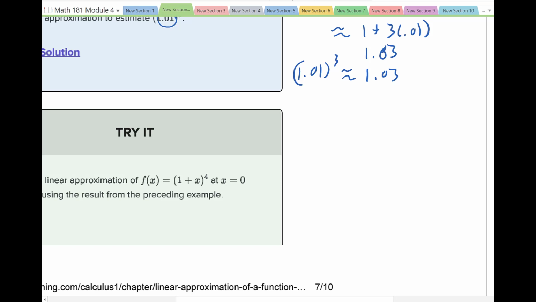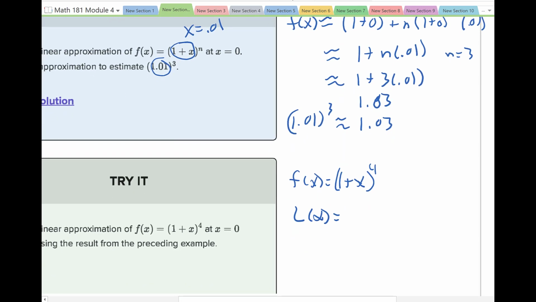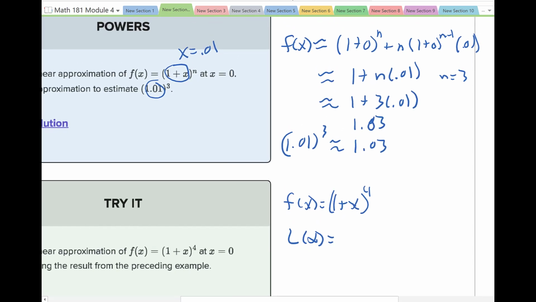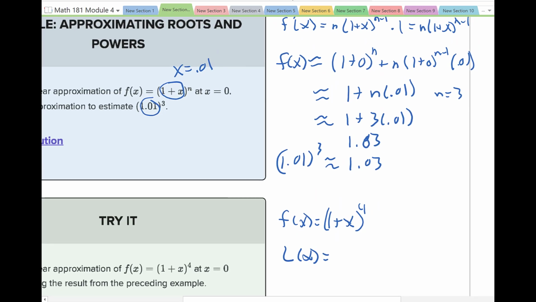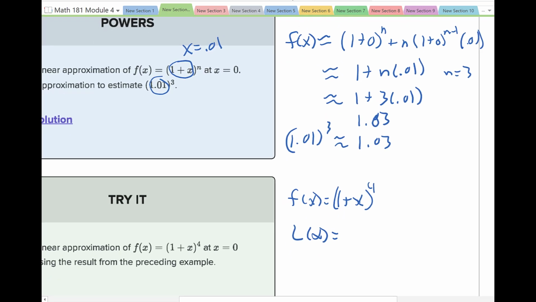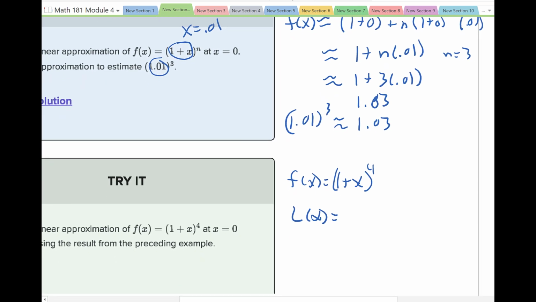So our f of x equals 1 plus x to the fourth power. So our L of x, the linear approximation, is based on what we just saw up above. But instead of having the 0.01, we'd have an nx, and instead of having the 3, we'd have a 4 because the power is 4.